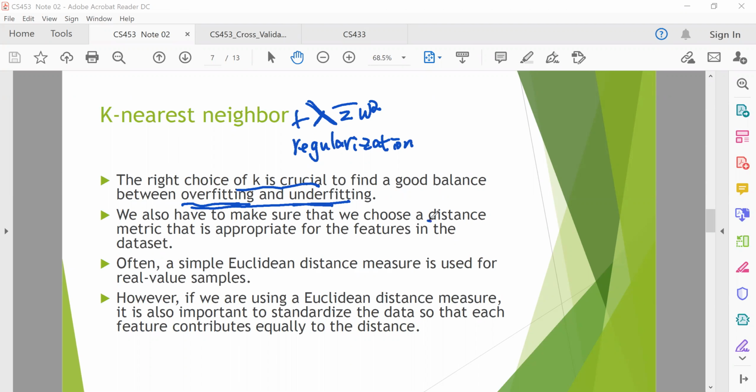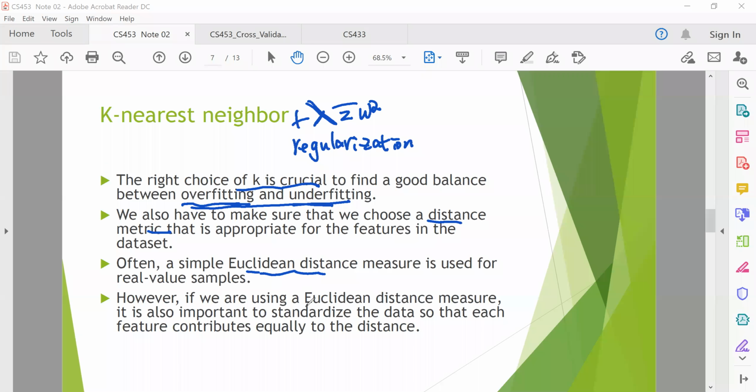And also the right distance metric, because you're going to choose the nearest neighbor. So what kind of distance definition are you going to choose? Here it says sometimes simple Euclidean distance works, but there are other times that won't work, so there are different distance metrics that you can also choose.